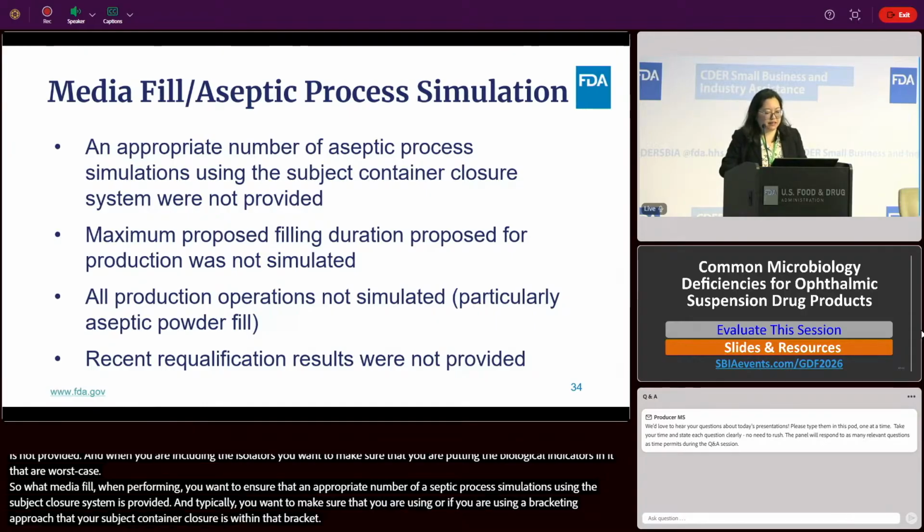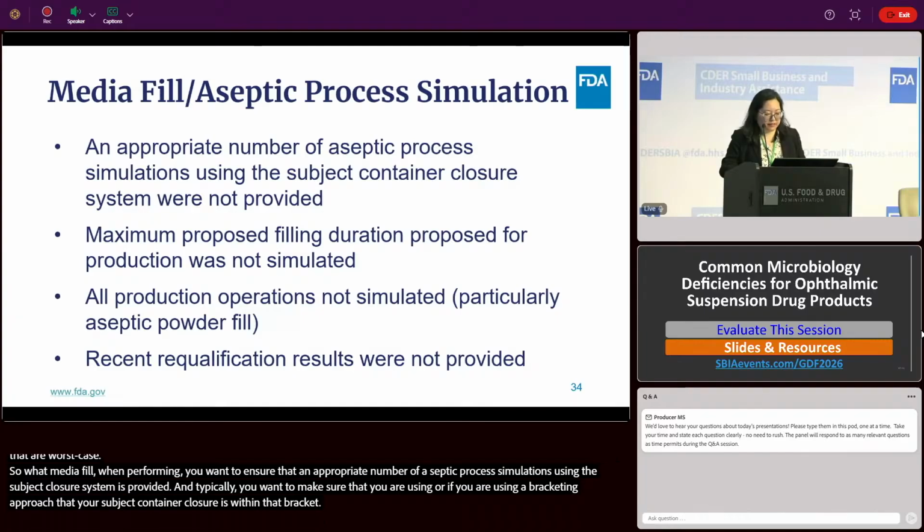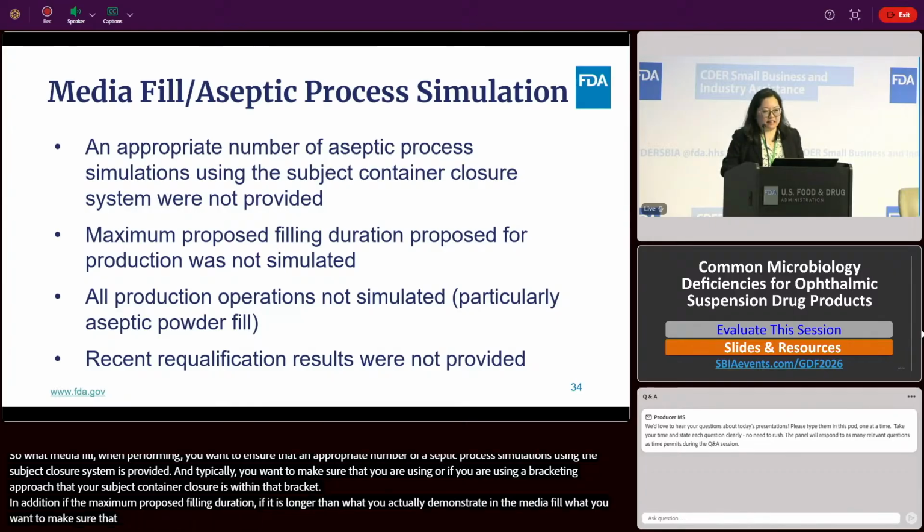In addition, if the maximum proposed filling duration is longer than what you actually demonstrate in the media fill, you want to make sure that you include a media fill that extends the length of the proposed hold time. So if your hold time is 8 hours, you want to make sure that your media fill is not 7 hours and 50 minutes.